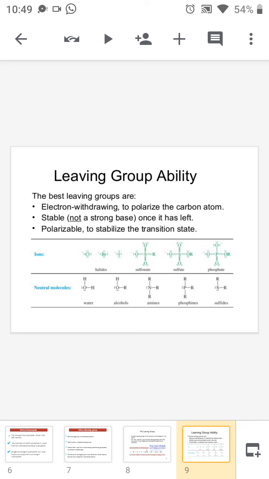In the case of the nucleophile, the stronger nucleophile favors the SN2 reaction and the weaker nucleophile favors the SN1 reaction. And in the case of the leaving group, a better leaving group favors both SN1 and SN2. Thank you.